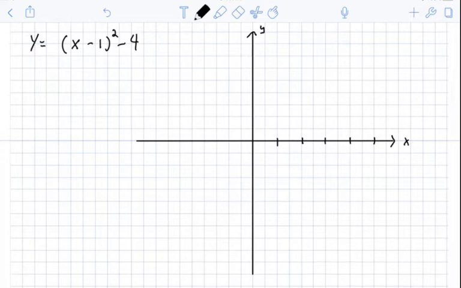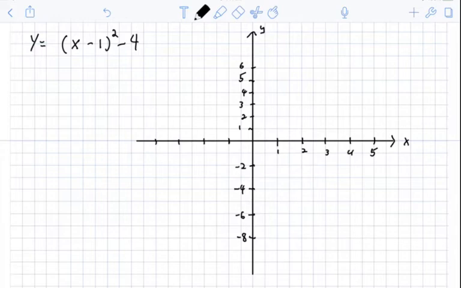Okay. 1, 2, 3, 4, 5, and then squat that axis down. 1, 2, 3, 4, 5, 6, and this will be minus 2, minus 4, minus 6, minus 8.